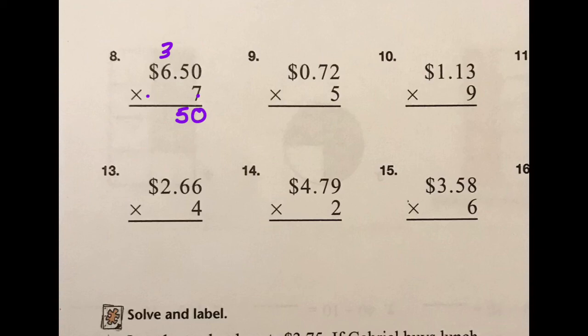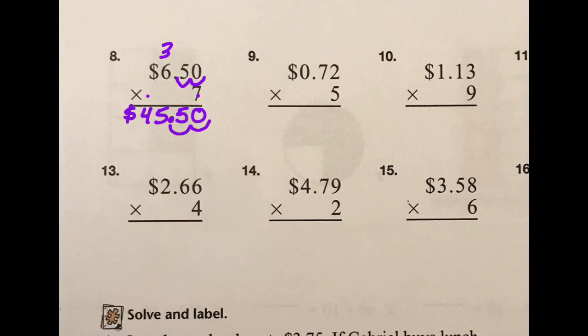It's 42 plus 3 is 45. Okay, and then we need to put our dollar sign, and then we need to count our decimal point. 1, 2, 1, 2. Put the dot.